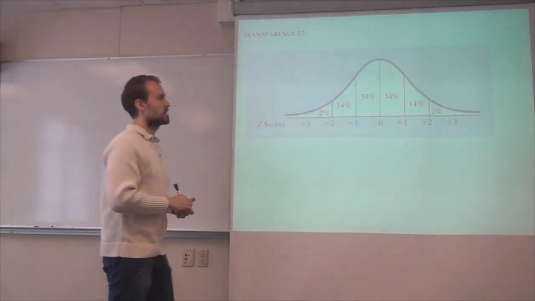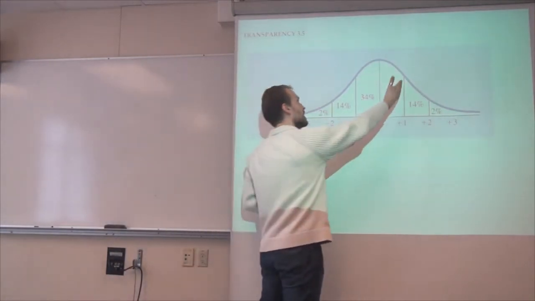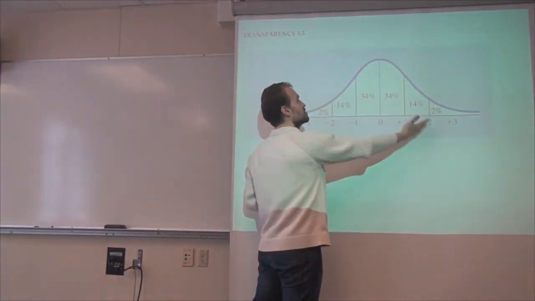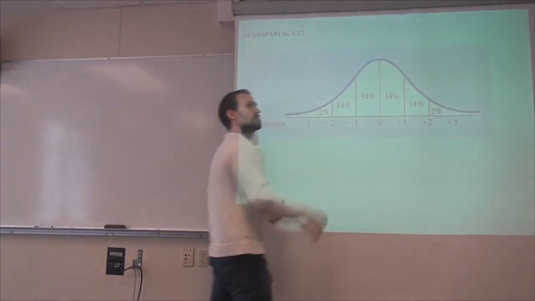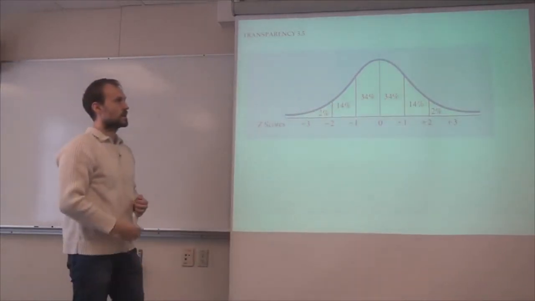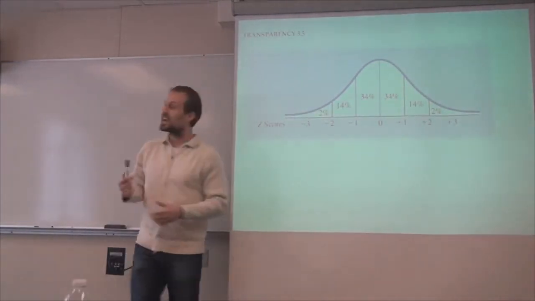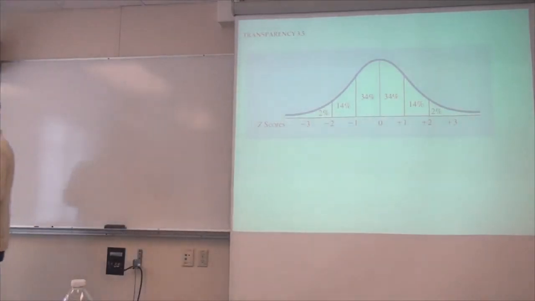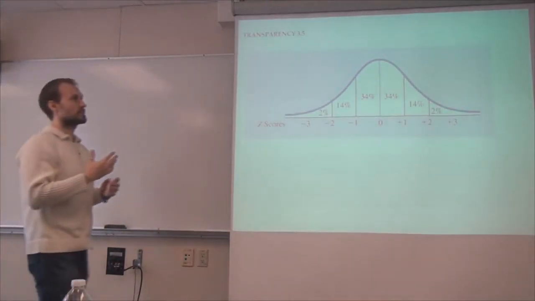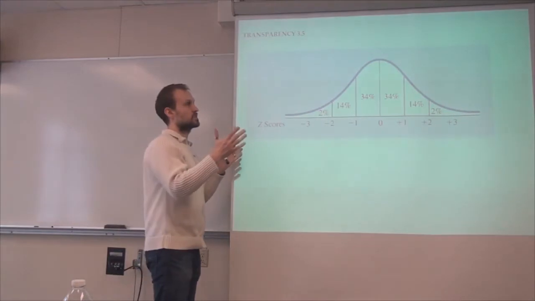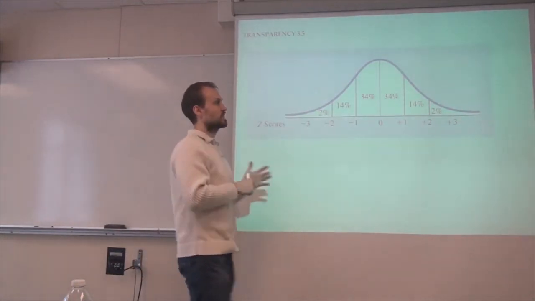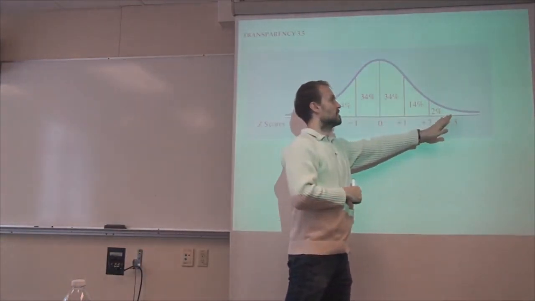So that's tied to the idea of percentiles, where I have a cutoff breaking it up into 2 regions under the curve. If I look at the 98th percentile, it's the score that separates the population into the bottom 98% and the top 2%.